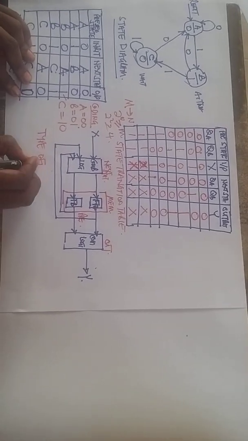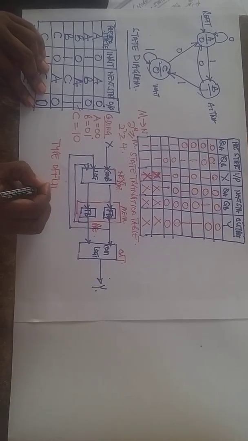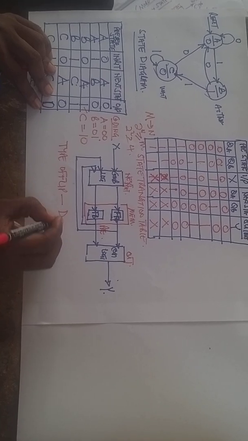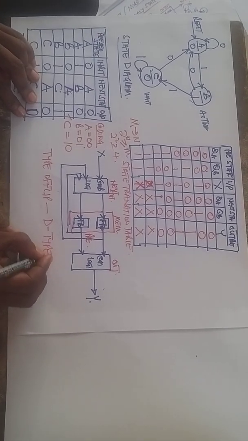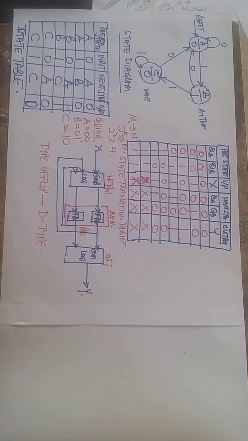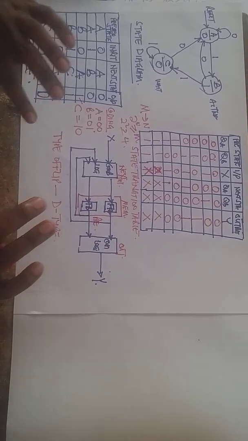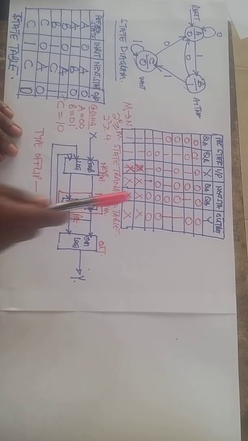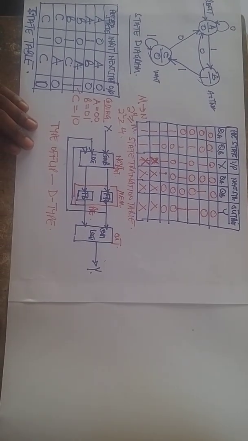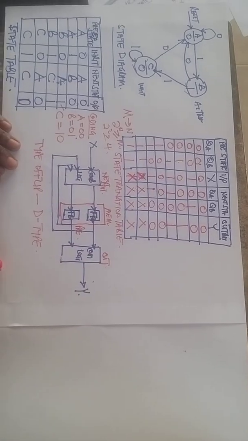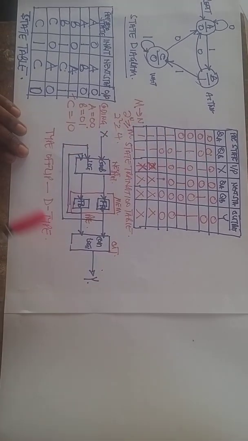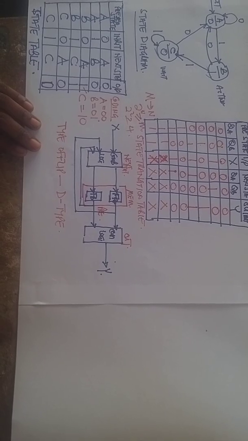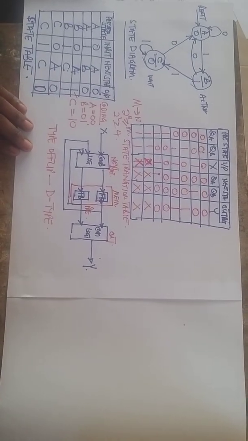Having seen how the design is going to look like and selected the type of flip-flop, we need to modify the state transition table again to include columns for the flip-flop, and from it we derive our input and output equations.